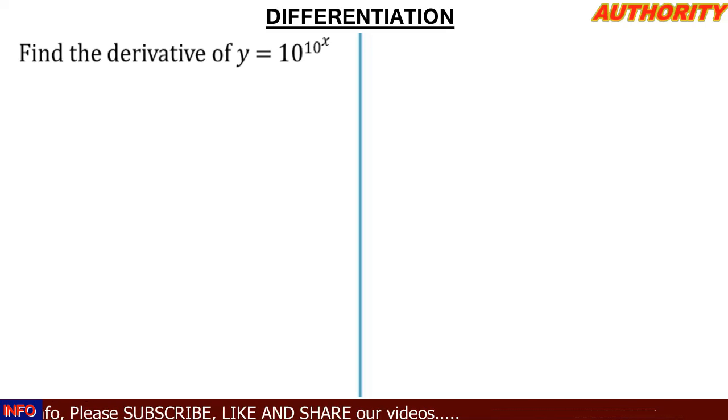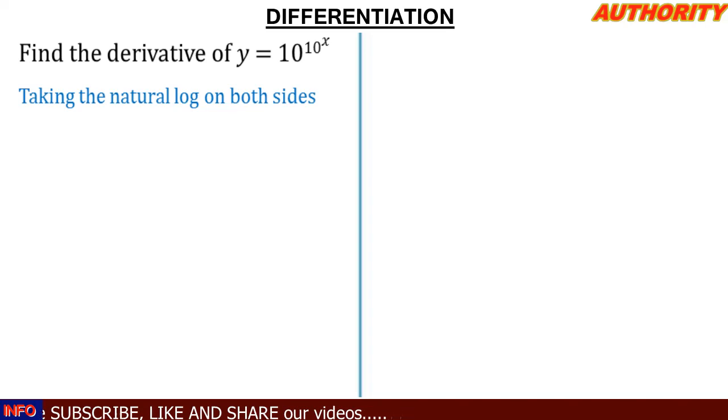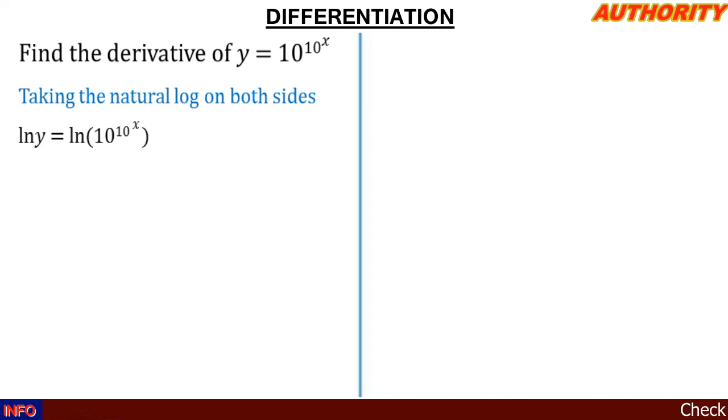The first step, let's take the natural log of both sides. So here we have ln y is equal to ln 10 raised to power 10 raised to power x.